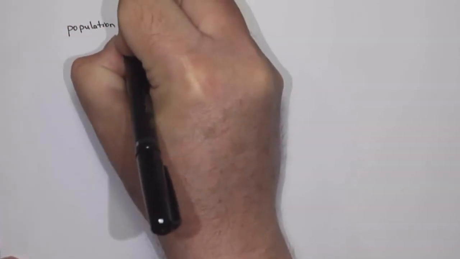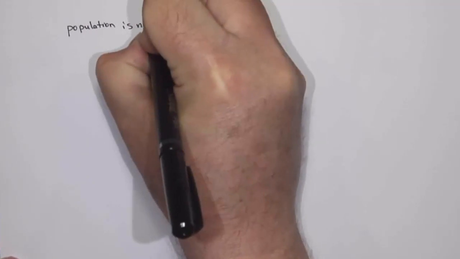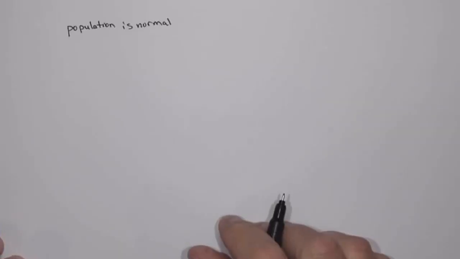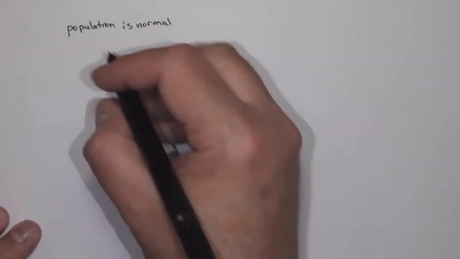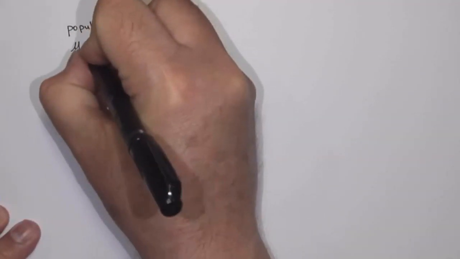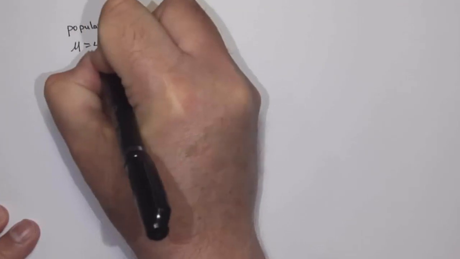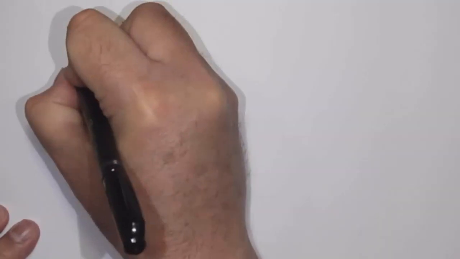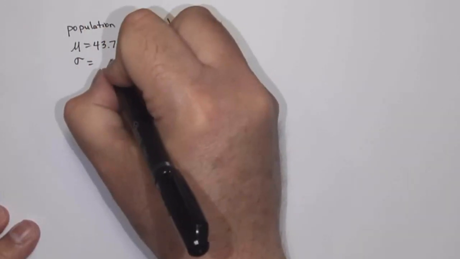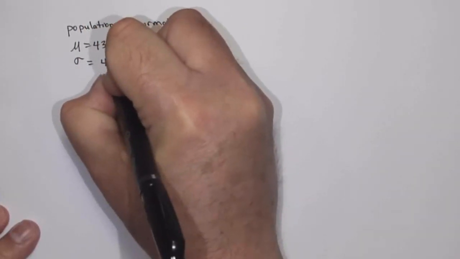Again, we're told that the population is normal. And what we're talking about here is the population of the upper leg lengths of 20 to 29-year-olds. We're also told that the mean of the population is 43.7 centimeters, and the standard deviation is 4.2 centimeters.